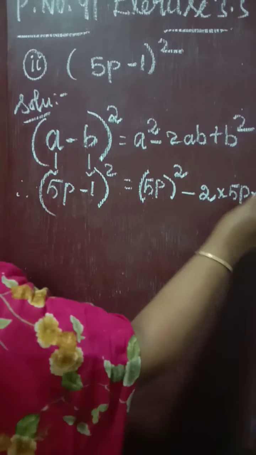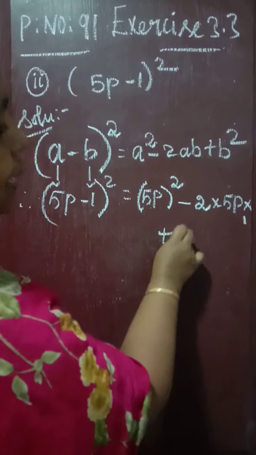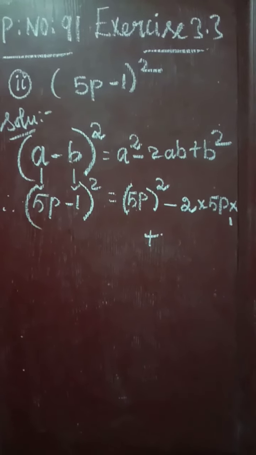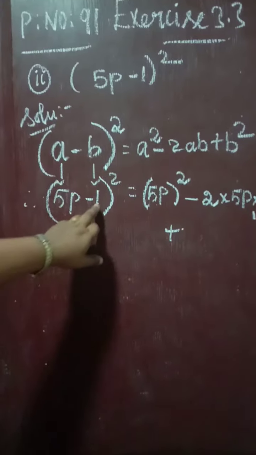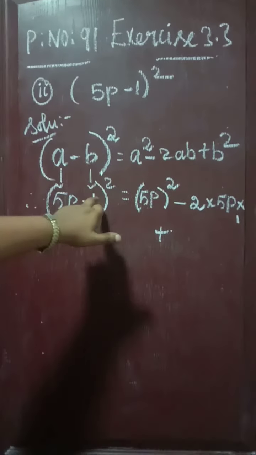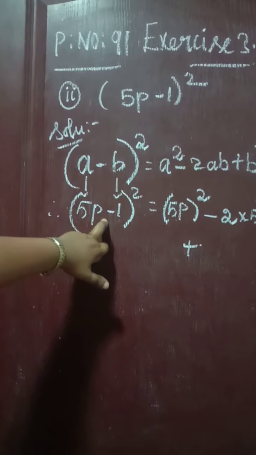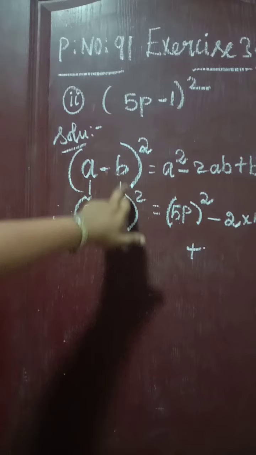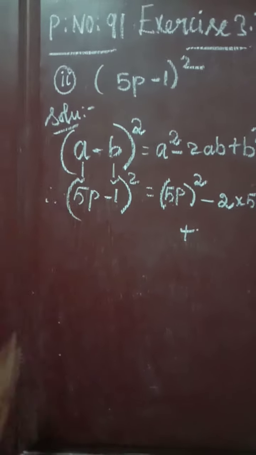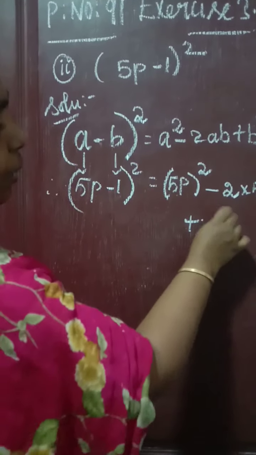Next, plus b square. B is equal to 1. First term a, second term b. The formula has minus, so don't take b as minus 1 here. So the last term is 1 square.